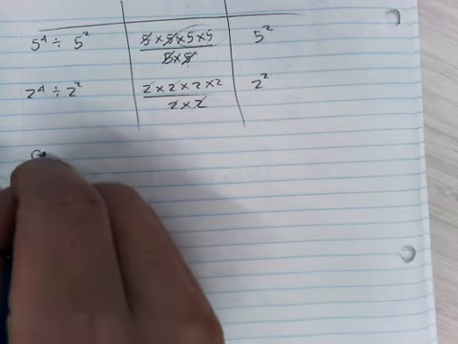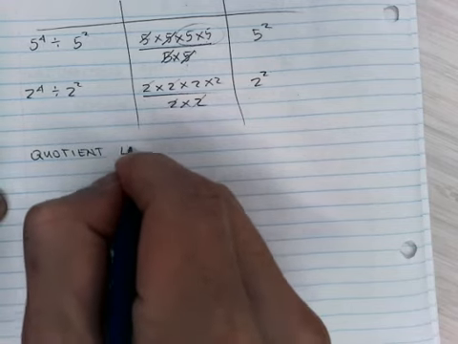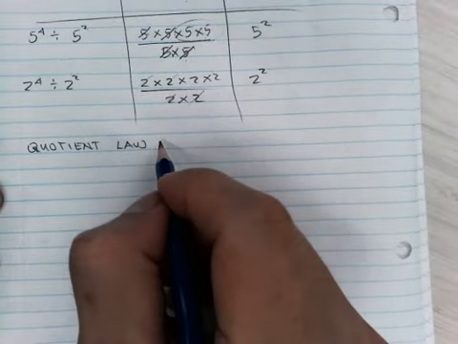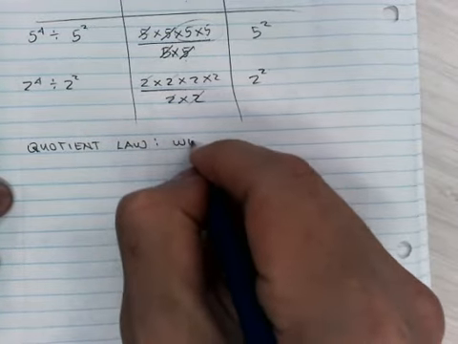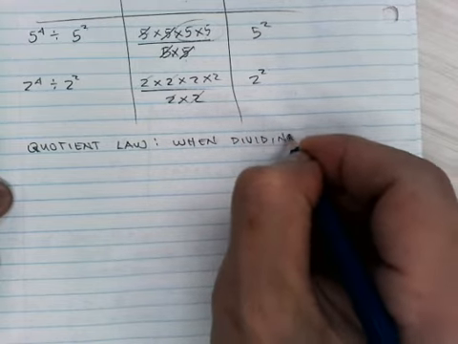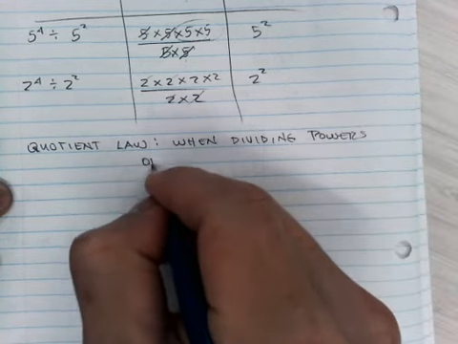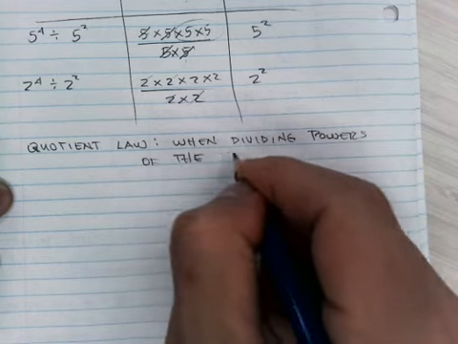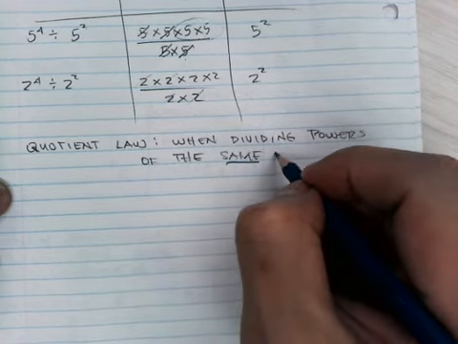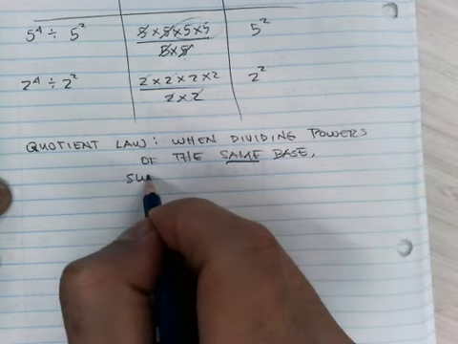Quotient law. This is a Q, by the way. The quotient law states that when dividing powers of the same base, and that is key also, it has to be the same base, if you don't have the same base, then you cannot apply this law, subtract the exponents.